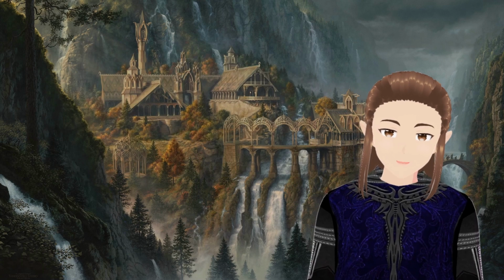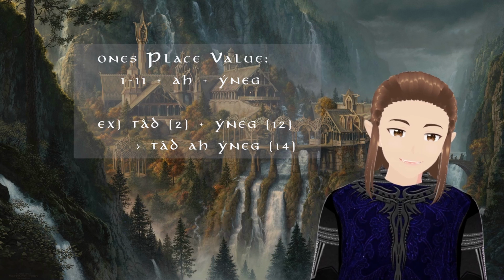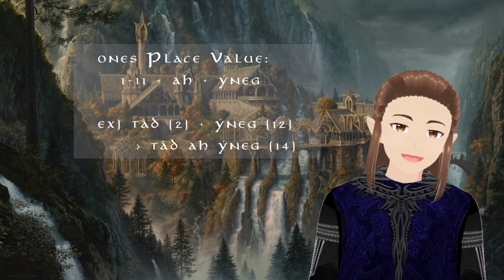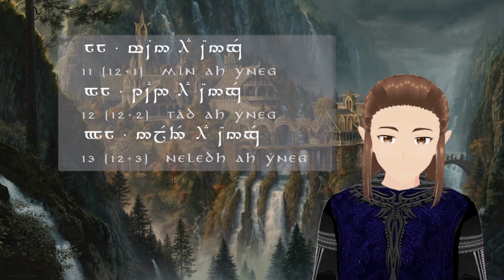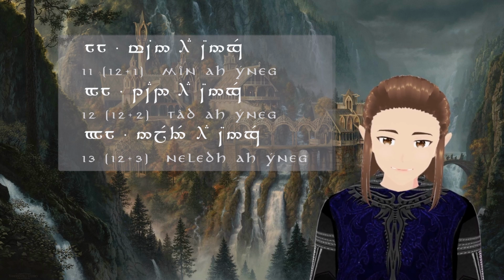For numbers above 12, you simply add a ones place value, that is, a number between 1 and 11, along with the word "a", meaning "and", to connect it to the word for 12. So for example, min a hunek, tad a hunek, nelith a hunek, and so on.